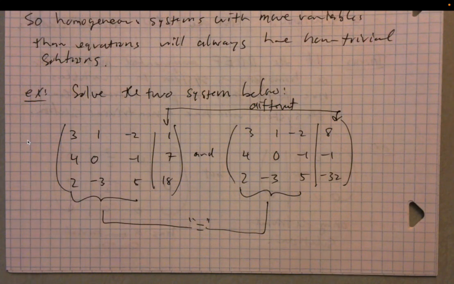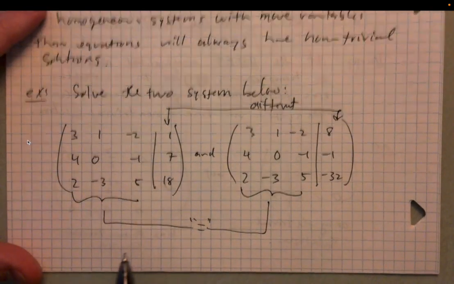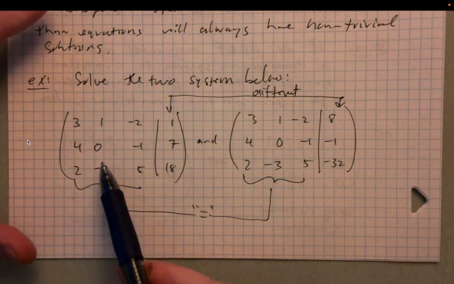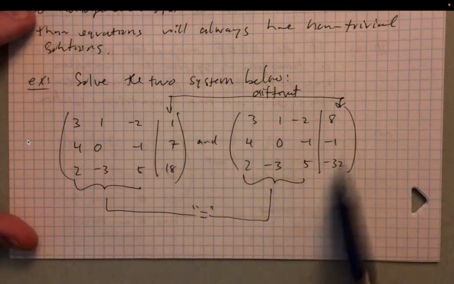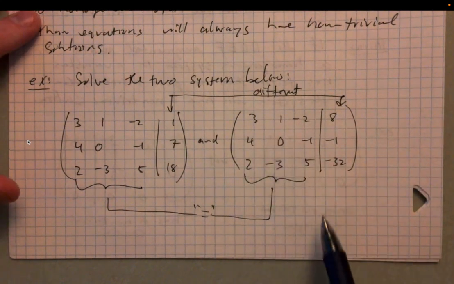Now, because they have the same matrix, we can take a shortcut in solving these two, right? It would totally be possible to do the row reduction on this one, get it down into RREF, and identify the solution, and then separately come over and do the same thing here, to find a separate solution.